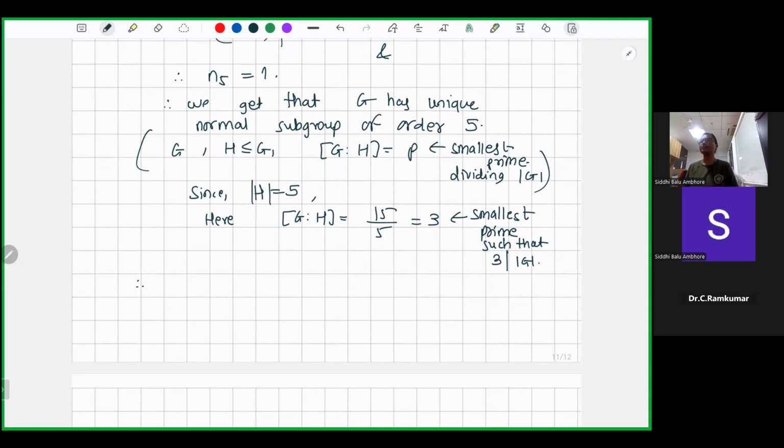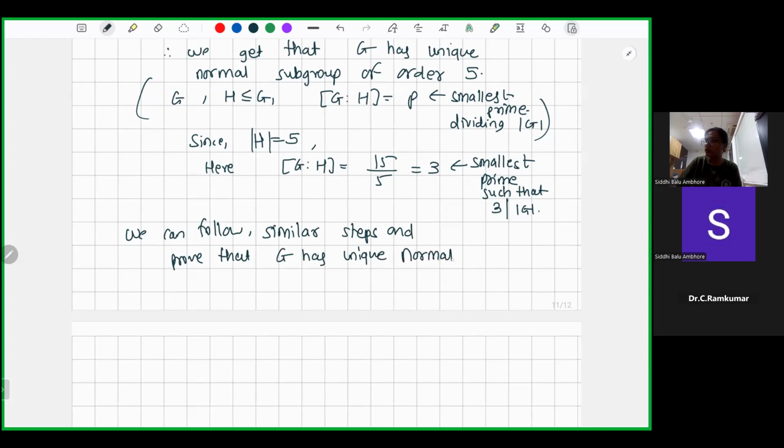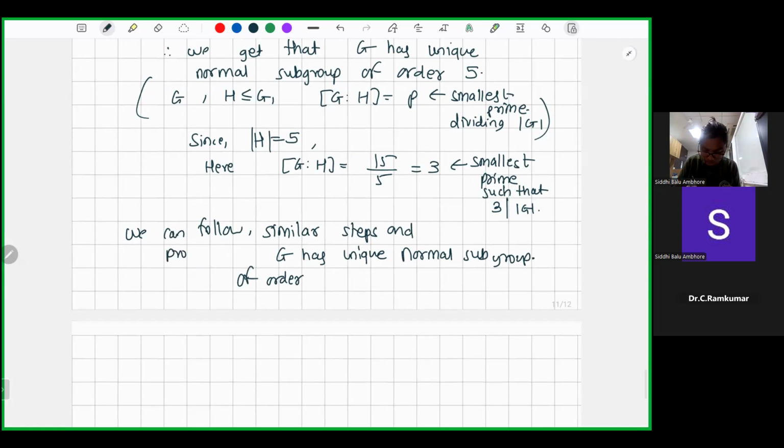Okay, so if we follow similar steps, we can prove that G has a unique normal subgroup of order 3.